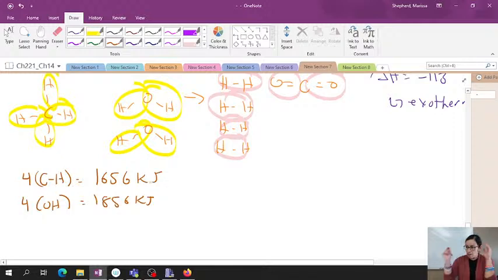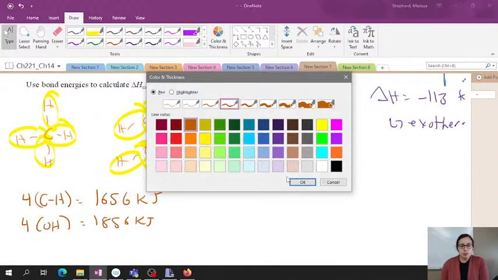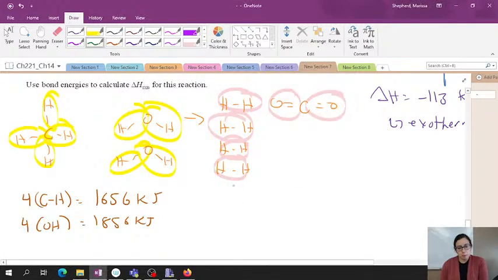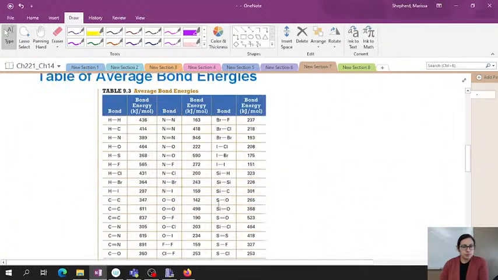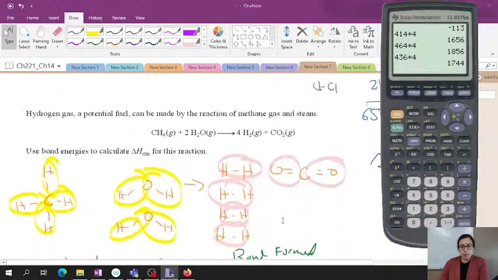So that's how much energy went into the system. Now let's see how much we get out. So 4 HH. We find our hydrogen bond, 436 times 4. So now 1744 out so far.